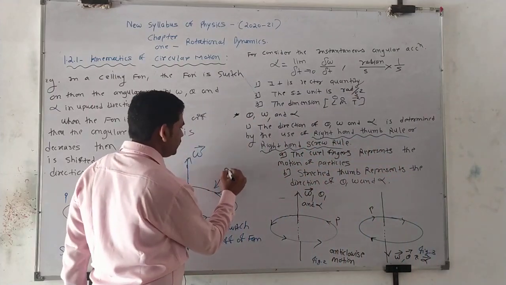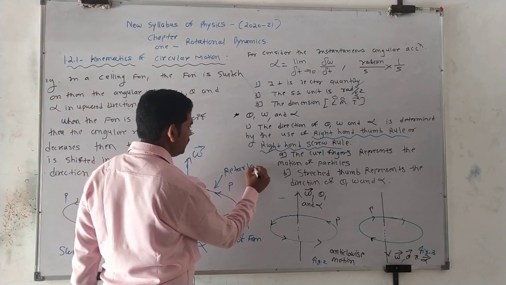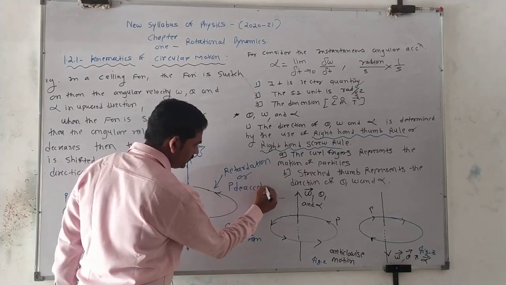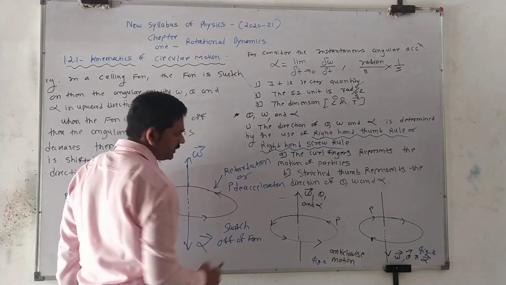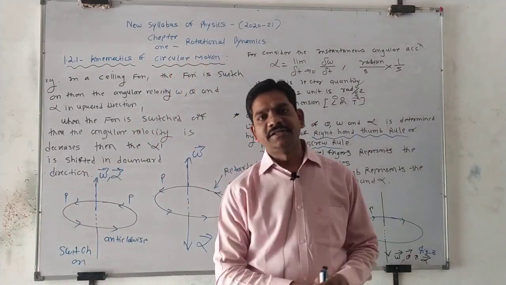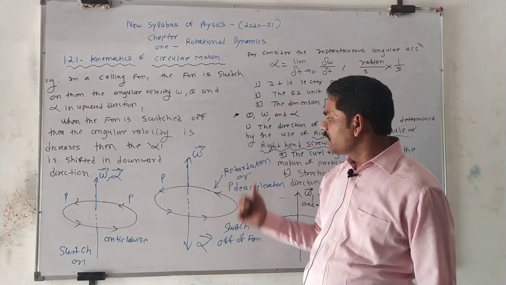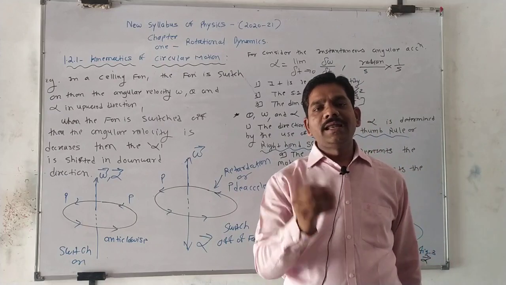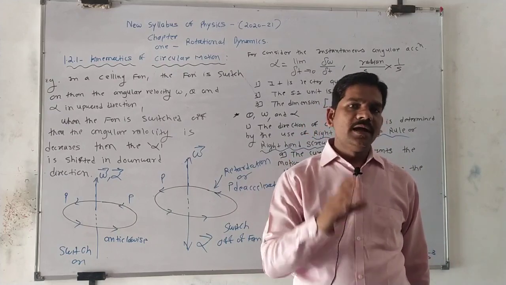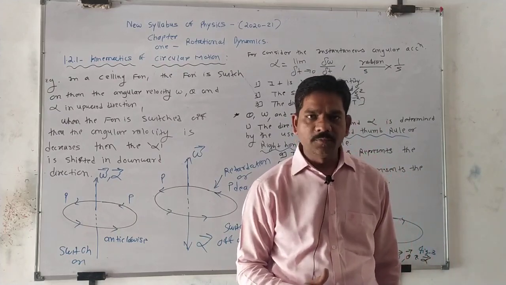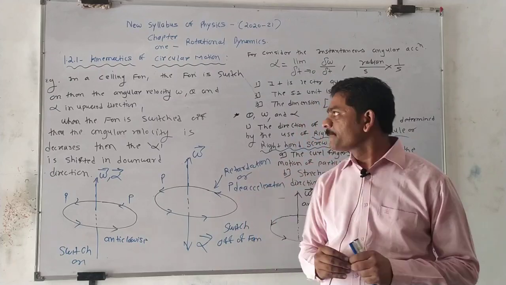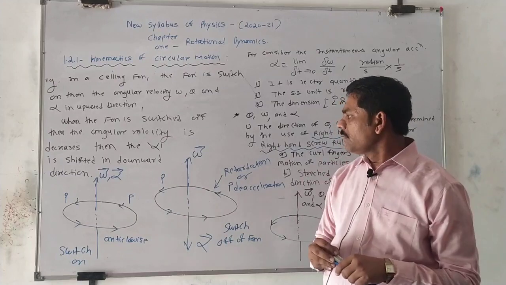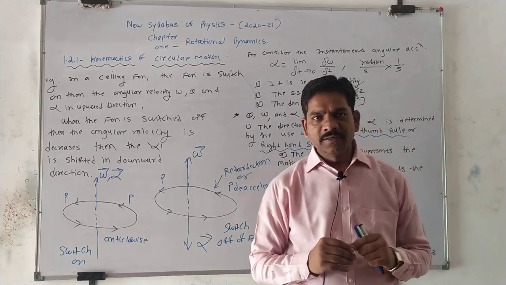What is retardation, or deceleration? Deceleration means the speed decreases. So this is the concept of how to determine the direction of theta, omega and alpha. So got the point, boys? Yes. Okay, I stop here. Thank you very much.